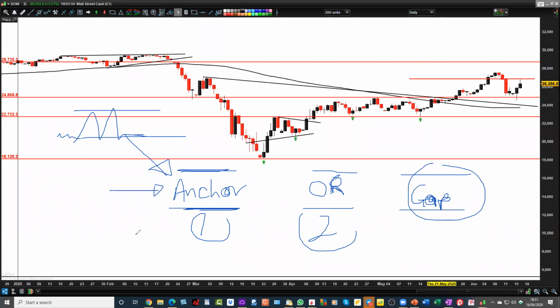But the kinds of setups we have and the way in which we manage our stops is a very efficient way of getting the best entry and staying in the trade.